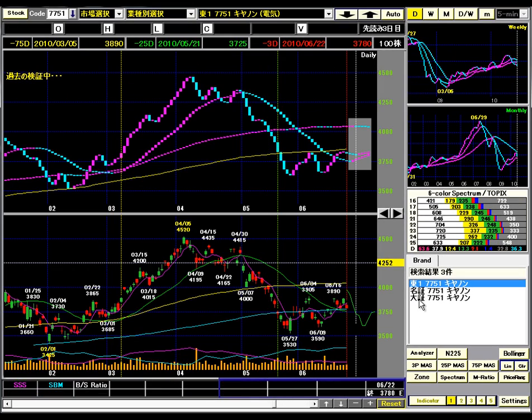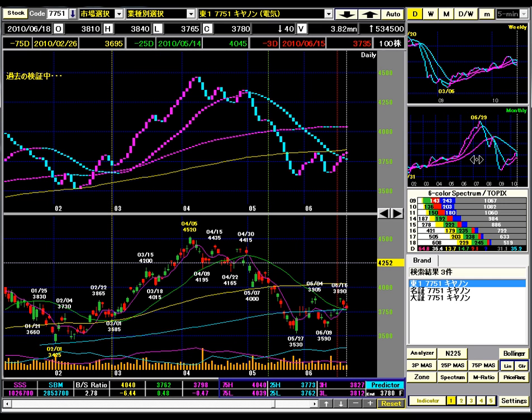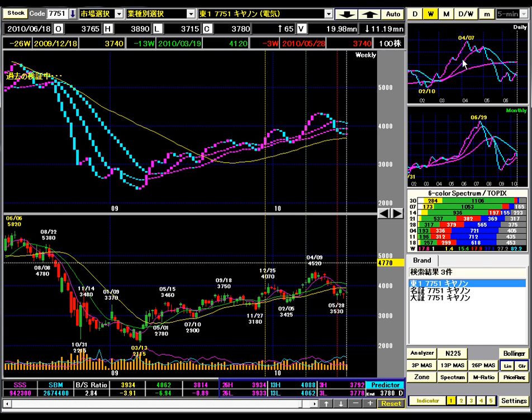And this is for the daily chart right now. If we change it for the weekly chart, you'll see that this will change from 3, 25, 75 to 3, 13 and 26 for the weeks. Here we go, 3P MAS, 13P MAS and 26P MAS.